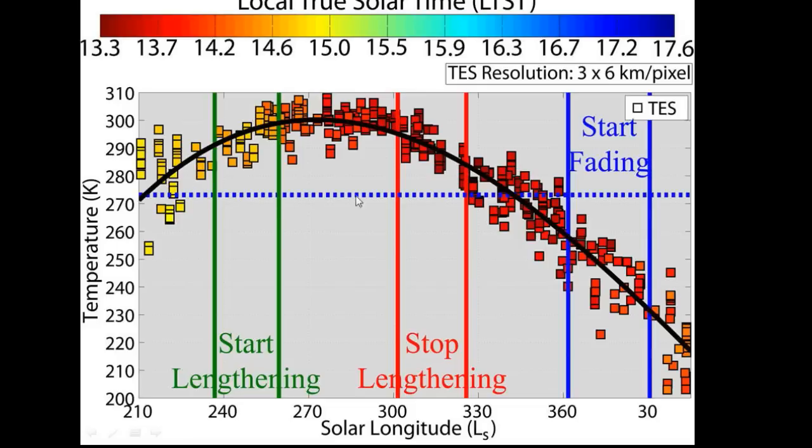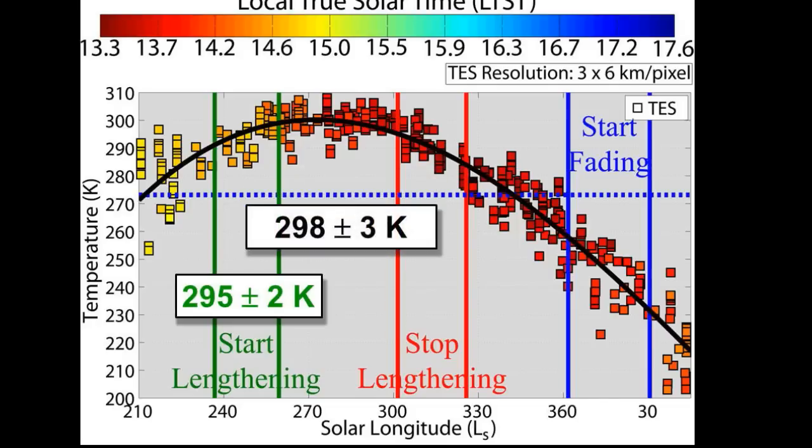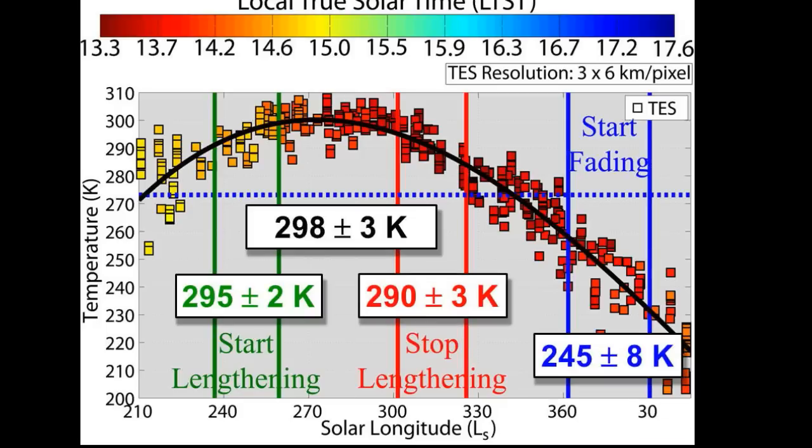This blue horizontal line is 273 K. This is also the time of day, which is how they're shaded. TES usually has about a 2 p.m. orbit, and you can see it varies. They start lengthening around 295 K, the average while they're lengthening is 298 K, they stop here, and when they start to fade, it's very cold.